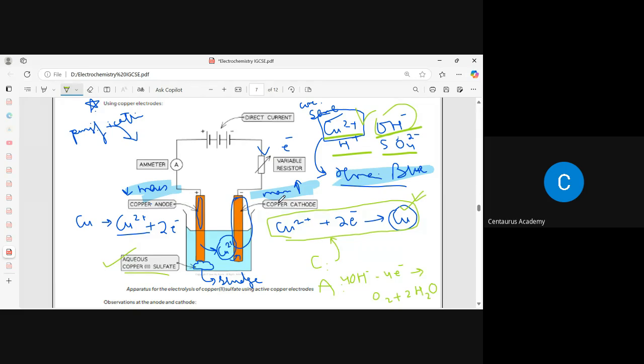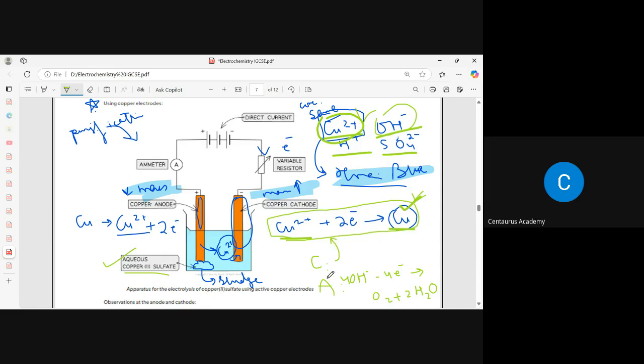So basically I'm switching to inert electrodes. The copper 2 plus ions are deposited onto the cathode. Why? Because they are less reactive amongst the copper ions and the hydrogen ions. The less reactive one is always deposited. So copper is deposited onto the cathode.